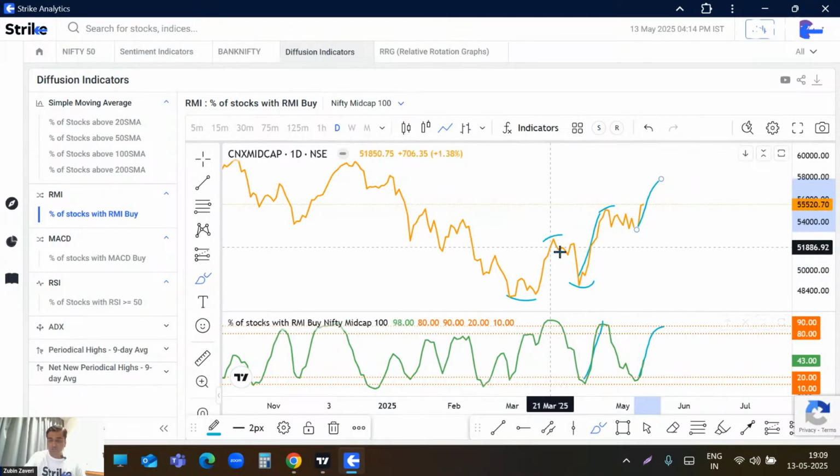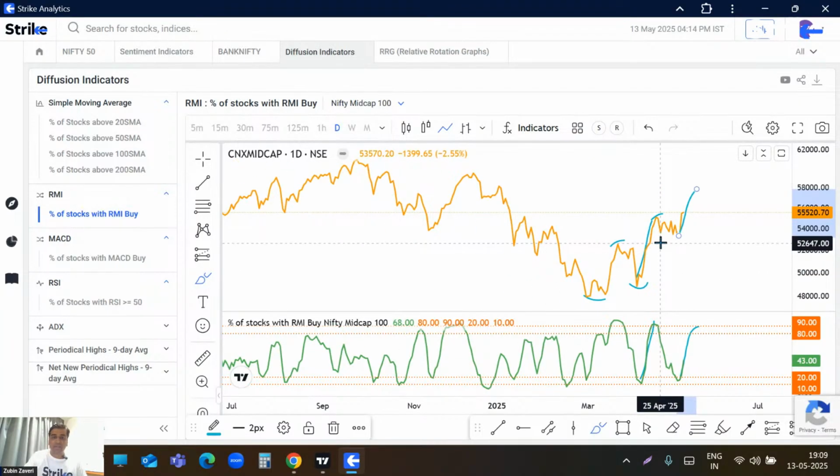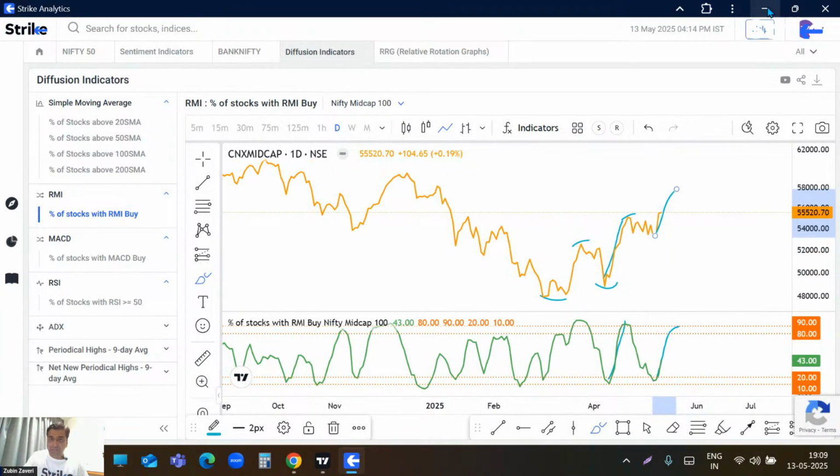So we are in a short to medium term uptrend. You can use the dips to enter into the market and trade accordingly, and do not worry about what is happening in the world outside.